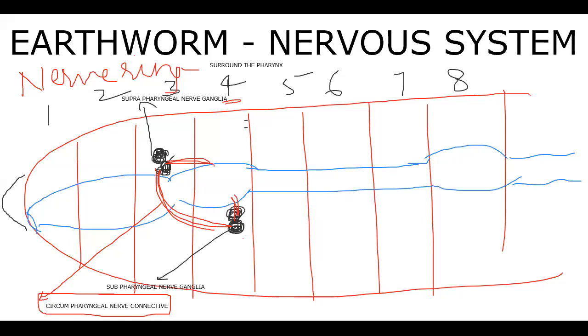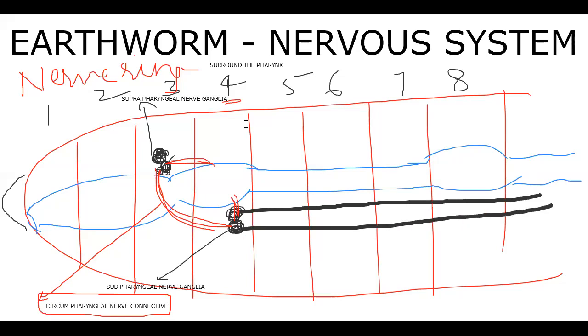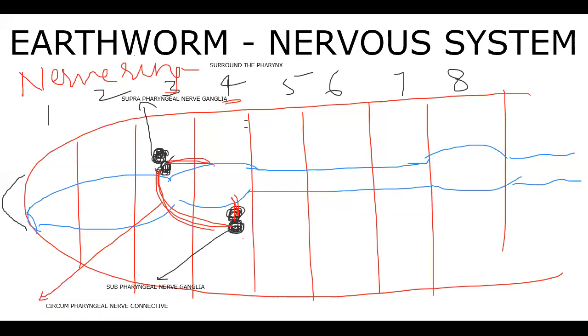Next, the nerve cord: the double ventral solid nerve cord, which contains ganglia, is present here. So let me show you.